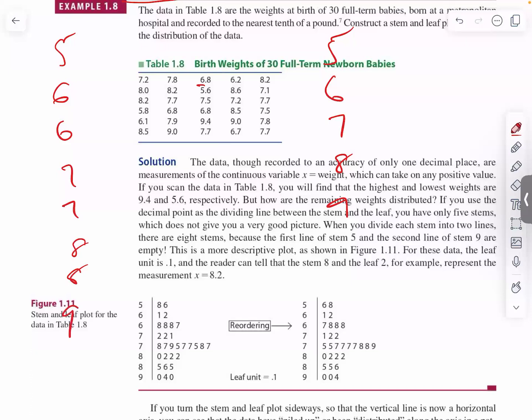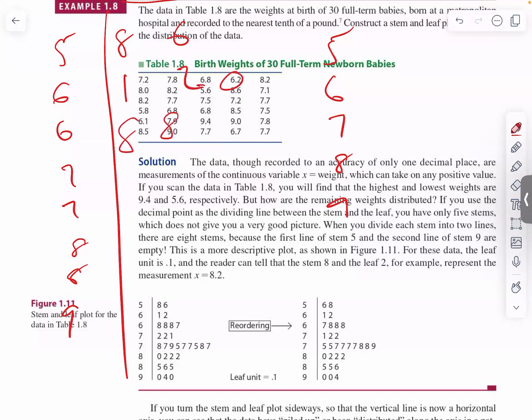Make it longer. And then I've got 5.8. So that is that. I've got 5.6. That is. Now you have to put space between them. And I've got 6.1. So 1, then space. I've got 6.2 here. So I've got 6. Now 6.8, 6.8, 6.8. I've got 6.7.